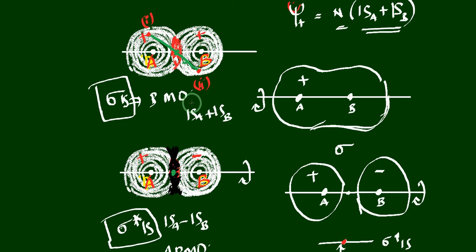Now I am going to look at the value of the wave function at point number 1 and point number 2. You know the relation between point 1 and point 2: they are on a straight line that includes the inversion center, and the distance of point 1 from the inversion center is equal to the distance of point 2 from the inversion center.